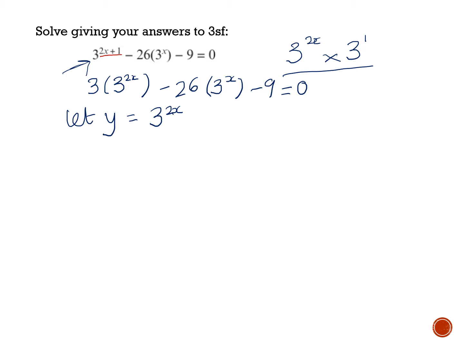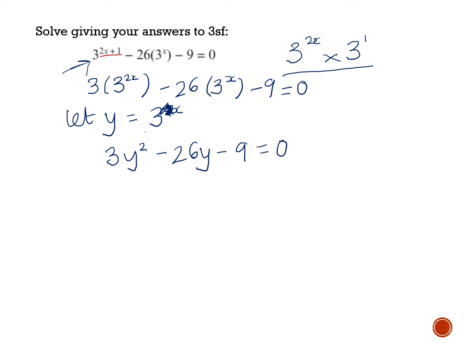That's not right, my substitution there. Cross that bit out, my substitution should be let y equals 3 to the power x. It's always the bit that's in the middle. So then my equation becomes 3y squared minus 26y minus 9 equals 0.